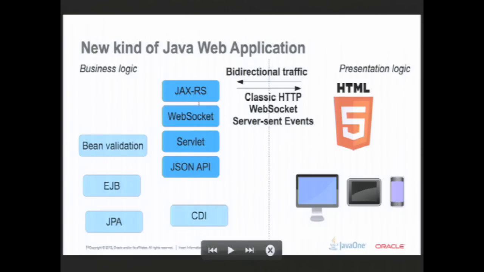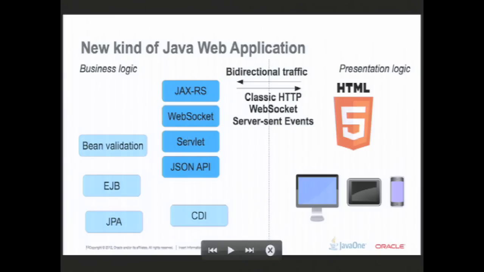Here, in the darker color, there are technologies which help with this on the Java EE side. So JAX-RS, as I mentioned, of course, that's web services. So you would expect XML or JSON to be transferred over this. So JAX-RS is a natural candidate. WebSocket is the new API that I mentioned. So Java EE 7 has a new API for WebSocket.